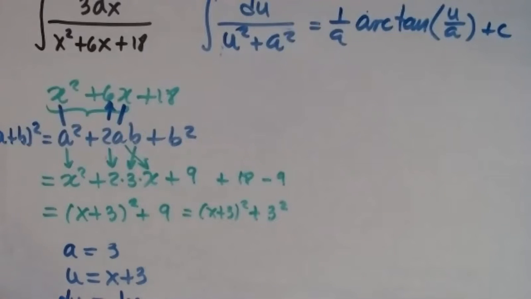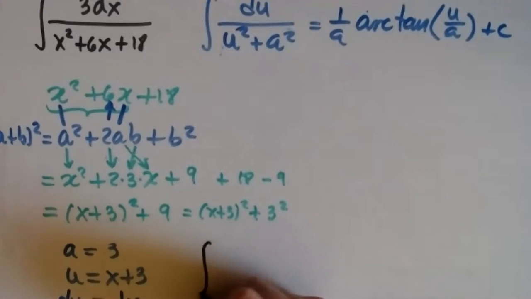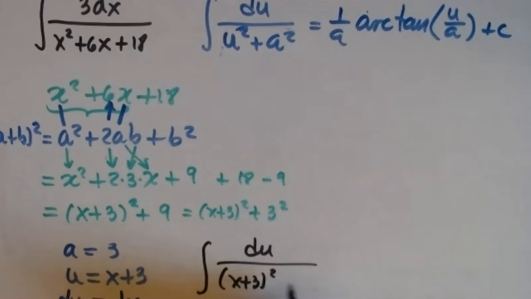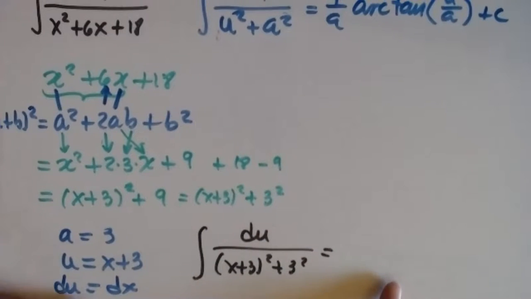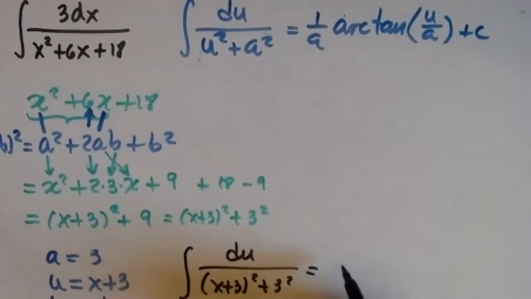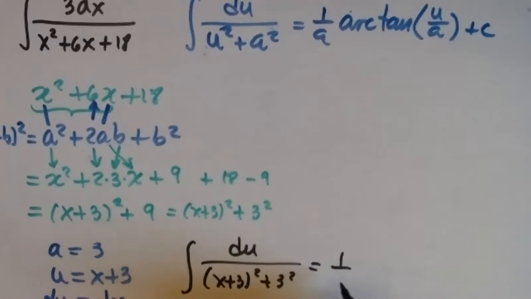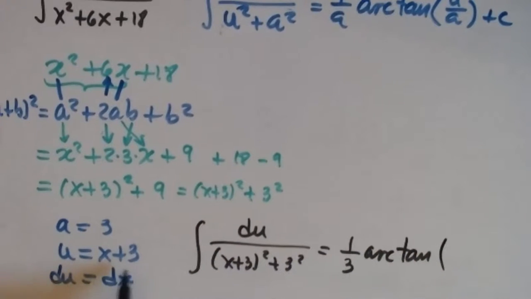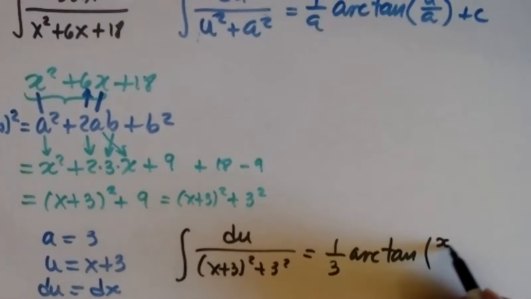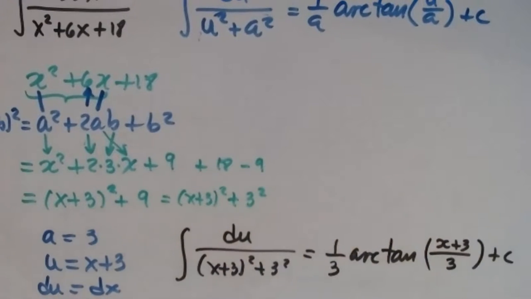The integral of du over x plus 3 squared plus 3 squared is going to be, if I do these matchings with this formula, 1 over a, the a is 3, the arctangent of the u, x plus 3, over 3, plus my constant.